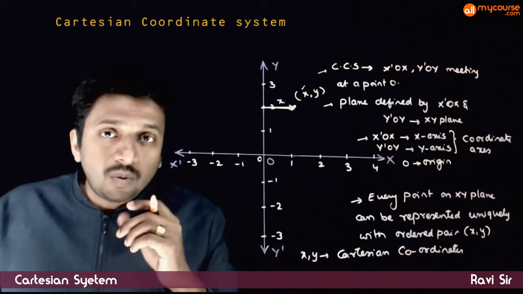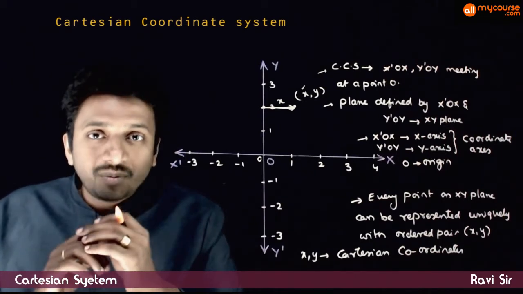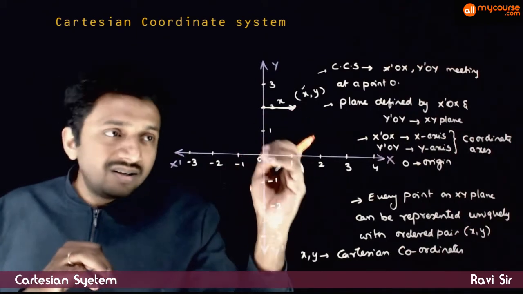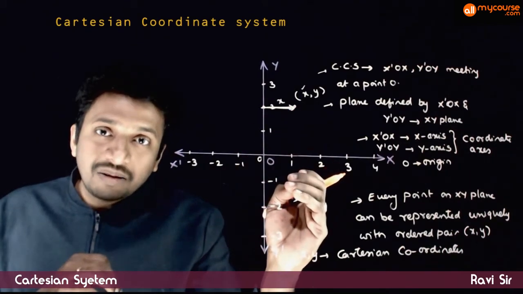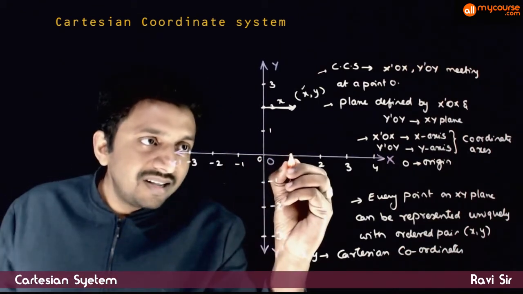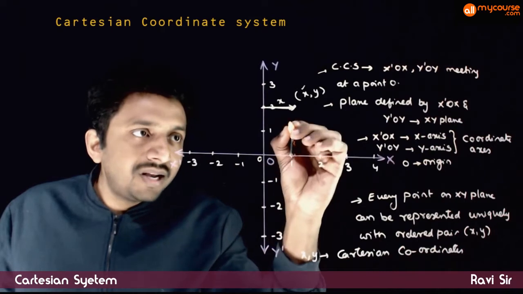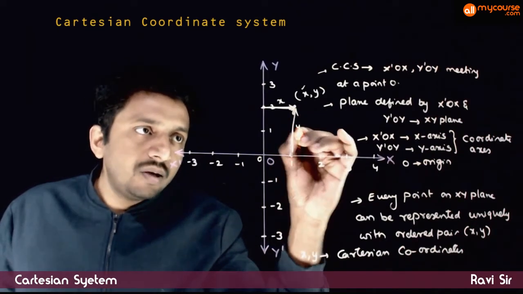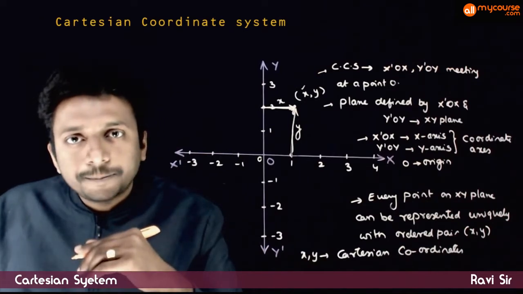And what is the y-coordinate? The y-coordinate of a point is defined as the distance of the point from the x-axis measured in the direction of the y-axis. So start from the x-axis and measure the distance of the point in the direction of the y-axis.